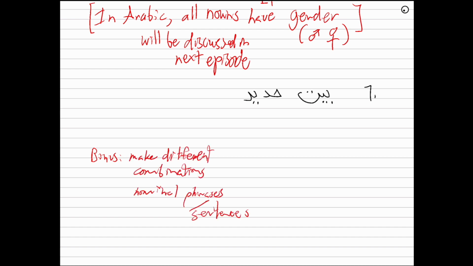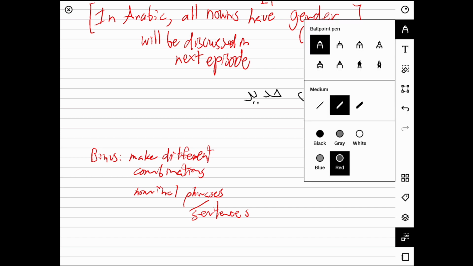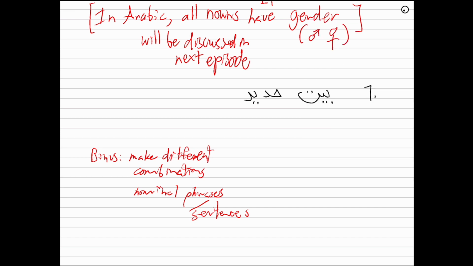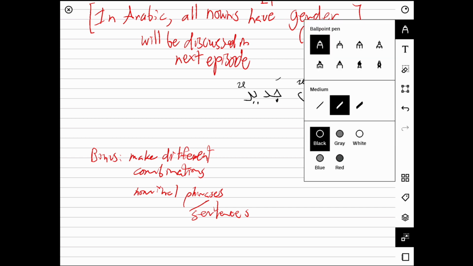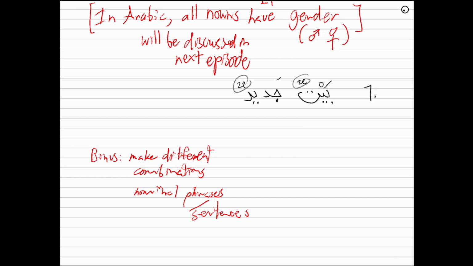All right, so now we have beit jadid. To vocalize everything, beitun jadidun. Sorry, I keep forgetting to put the dot here for some reason. So notice this is a nominal phrase, remember, because we have indefinite.